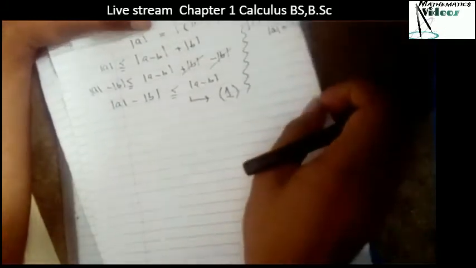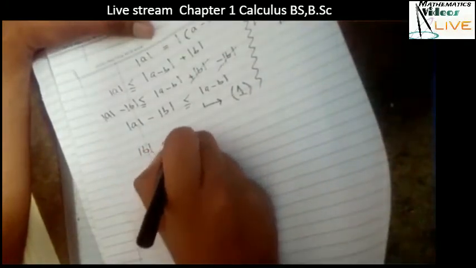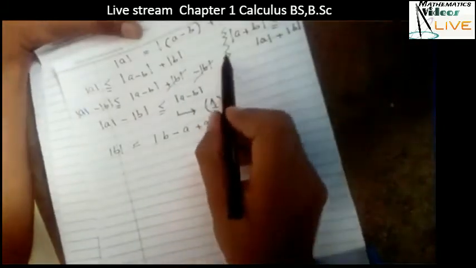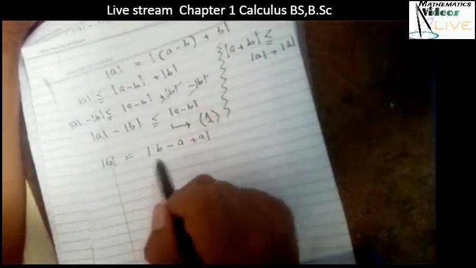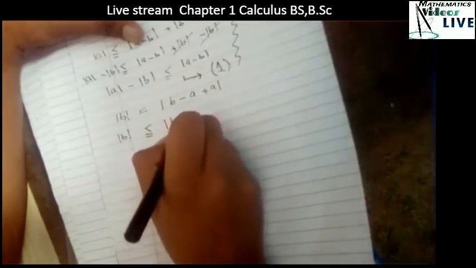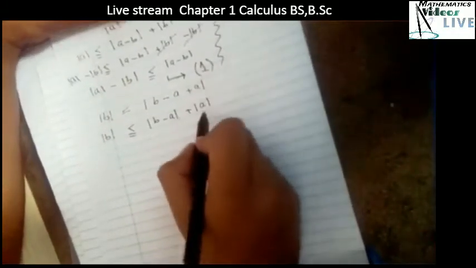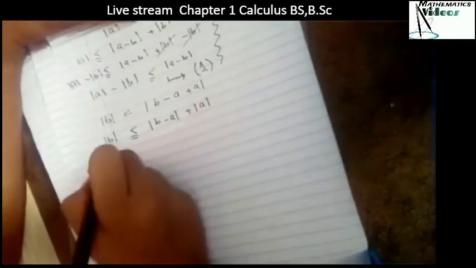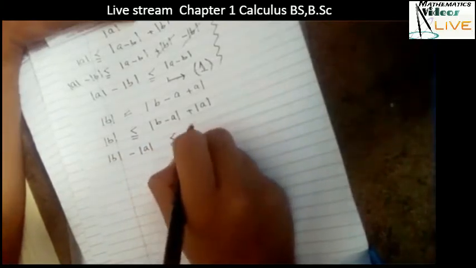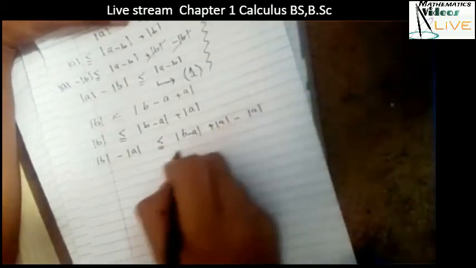We will follow the same procedure for the absolute value of B. Absolute value of B is equal to B minus A plus A. Again, by making use of this inequality on this equation, we get mod of B to be less than or equal to mod of B minus A plus mod of A. You will have to remove this from here, and you get mod of B minus mod of A is less than or equal to mod of B minus A plus mod of A minus mod of A. Again, the result of this is 0.